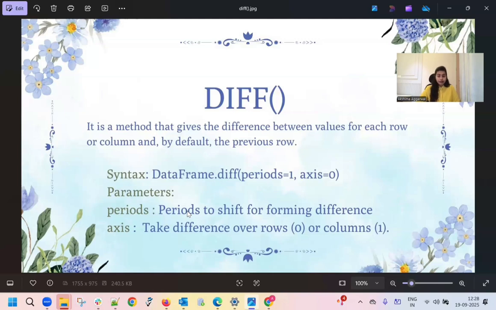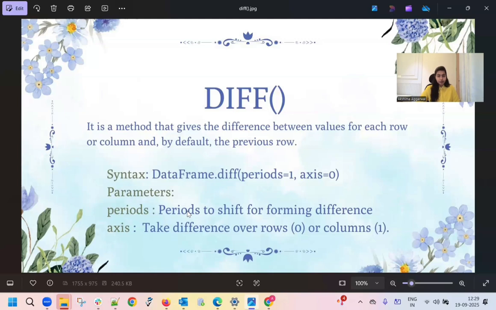And the periods: for example, if the value of the periods is 1, it means we are comparing the value with the immediately previous one. If there is any other value like 2 or 3, then we are able to take the difference accordingly.